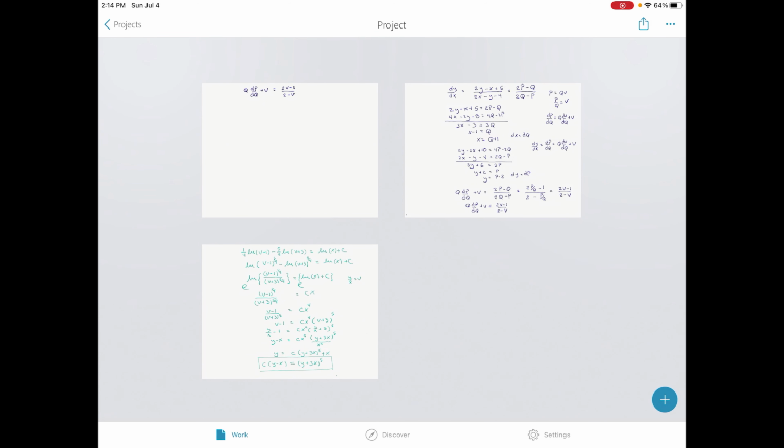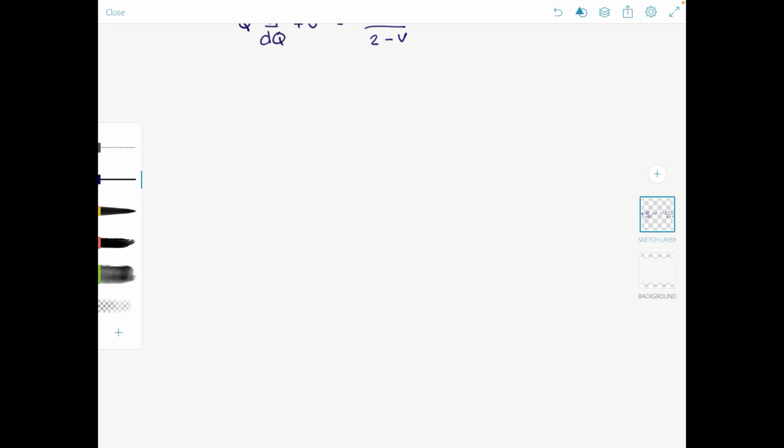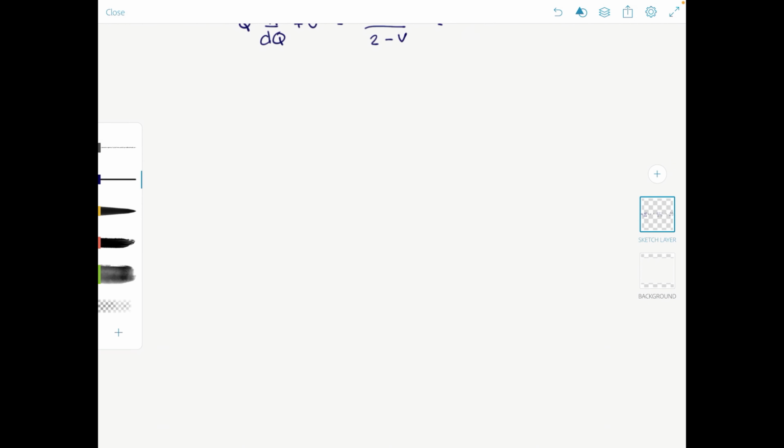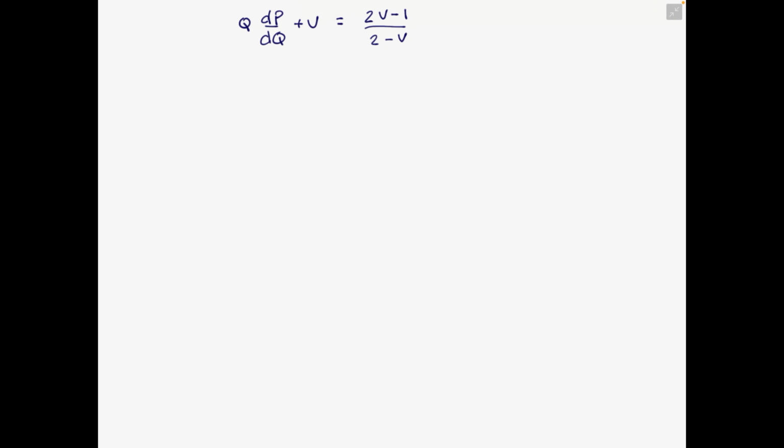Okay, everything is good. Alright, so now if we separate this, we got 2v on 2 minus v. Well, let's not do that right now. Let's not jump in too far in advance.